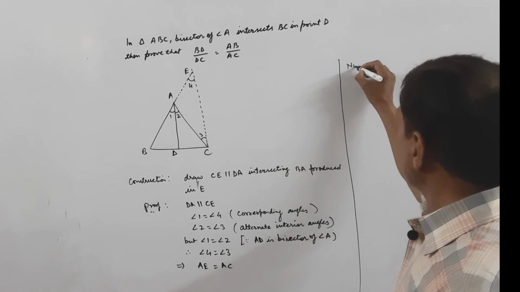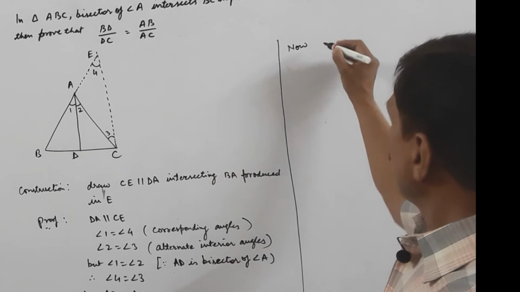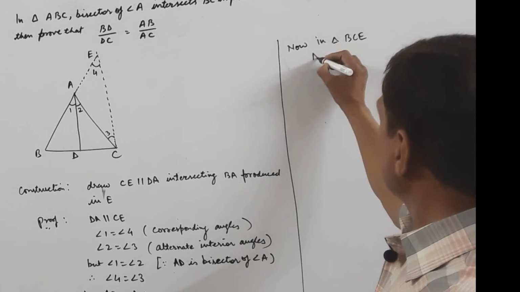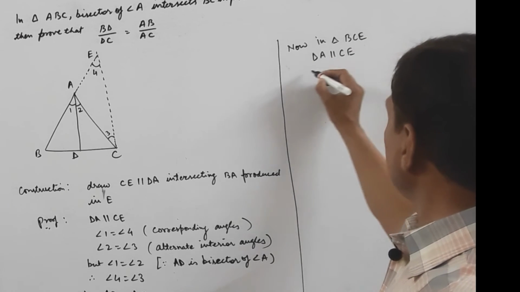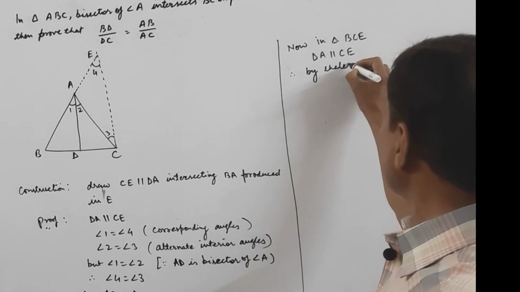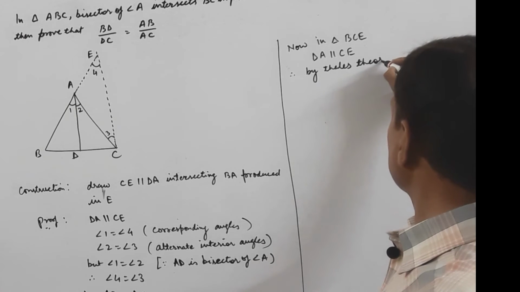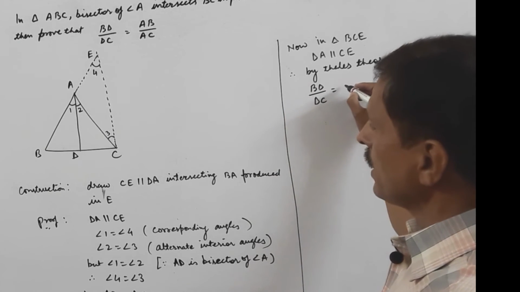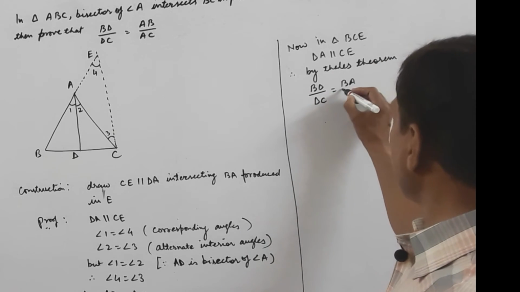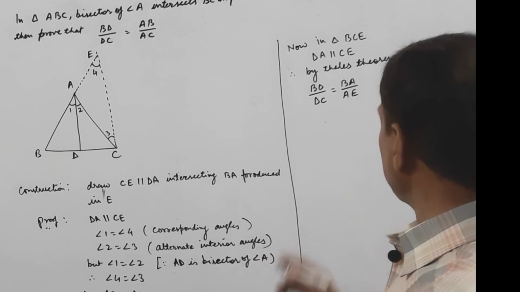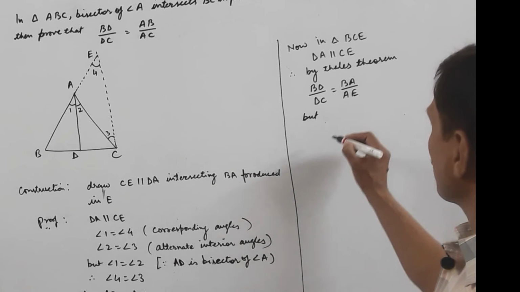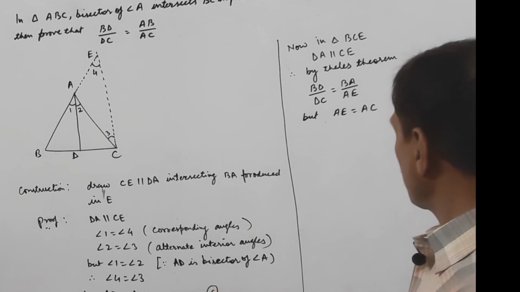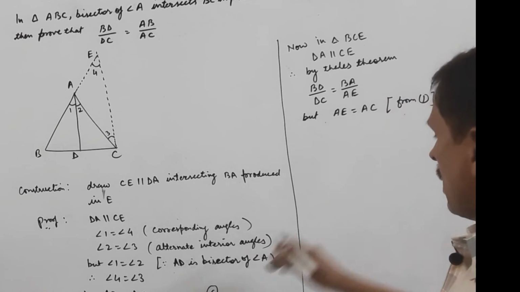Now in triangle BCE, DA is parallel to CE, therefore by Thales theorem, BD upon DC is equal to BA upon AE, but AE is equal to AC from above.